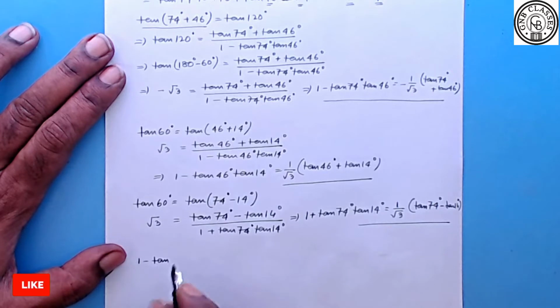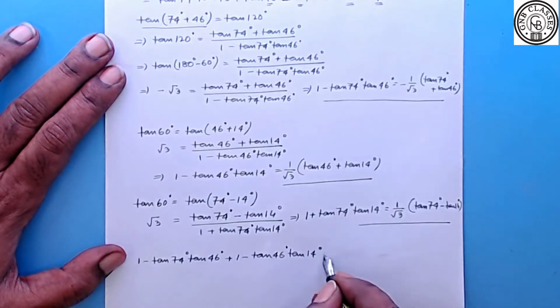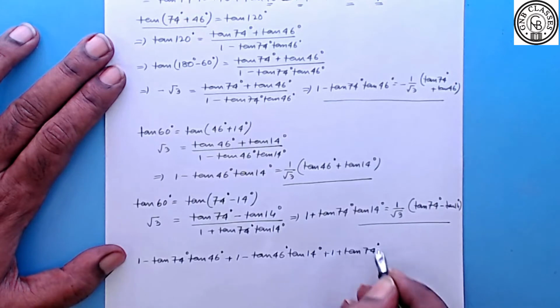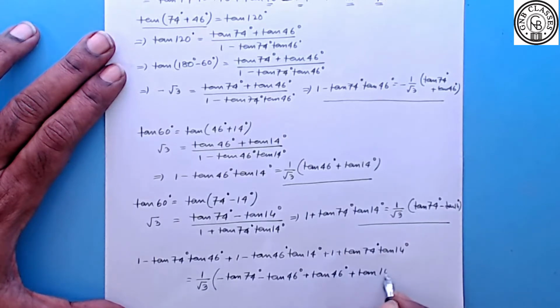So what we are getting? 1 minus tan 74 tan 46, plus from here 1 minus tan 46 tan 14, from here 1 plus tan 74 tan 14 degrees, which is equal to, the right hand side will be, if I take 1 by root 3 common, we are left with minus tan 74 minus tan 46 plus tan 46 plus tan 14 plus tan 74 minus tan 14 degree.